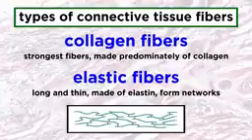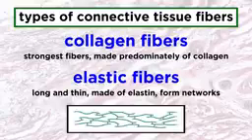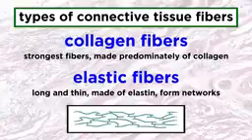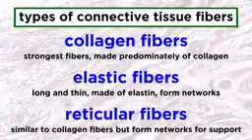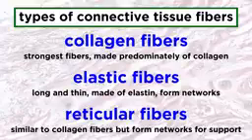Then there are elastic fibers. These are long and thin, made of a stretchy protein called elastin, and they form networks within the extracellular matrix. Lastly, there are reticular fibers. These are similar to collagen fibers, but they form networks supporting other types of tissue.